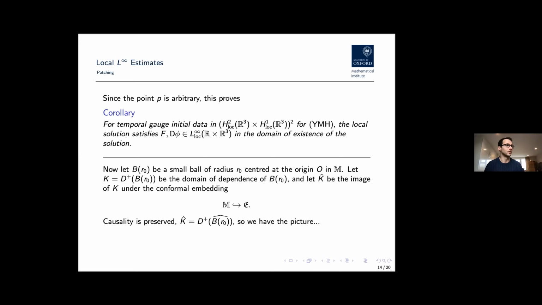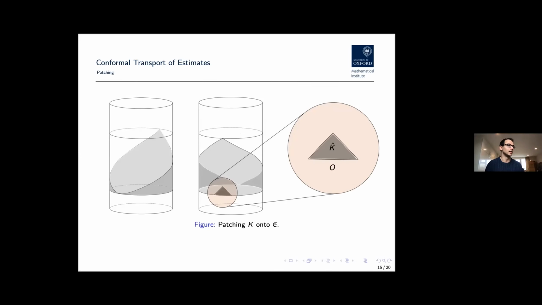So we end up with the following picture here. So this shaded region is Minkowski space for t greater than 0, and the cylinder is the Einstein cylinder R cross S3, and I've suppressed one spatial dimension here. So I've glued this conical patch k hat onto the Einstein cylinder from Minkowski space.